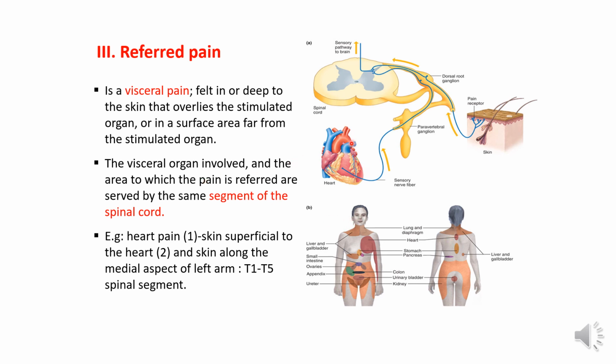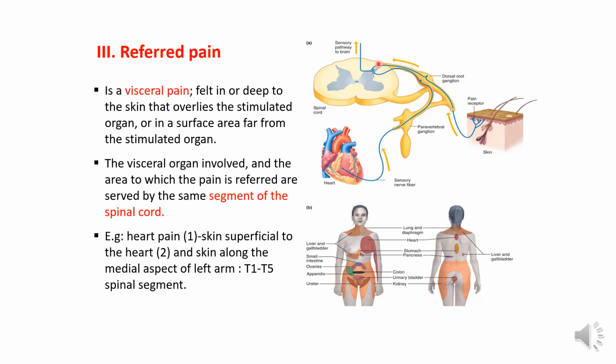So, what is the mechanism of this referred pain? The mechanism of referred pain is the convergence projection theory. The meaning of convergence projection theory: we have afferent fibers coming from the viscera and afferent fibers coming from the skin.